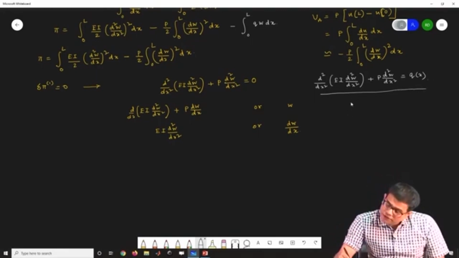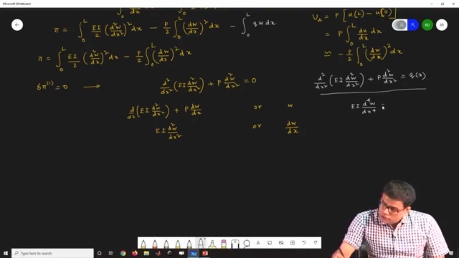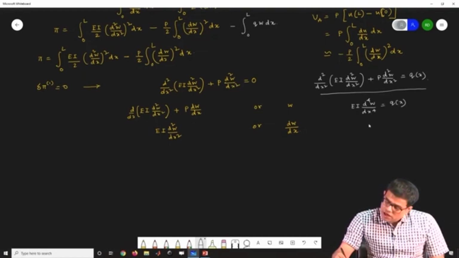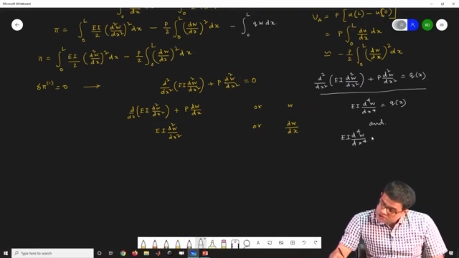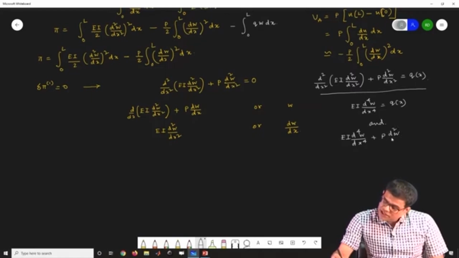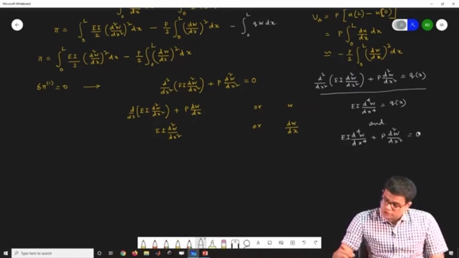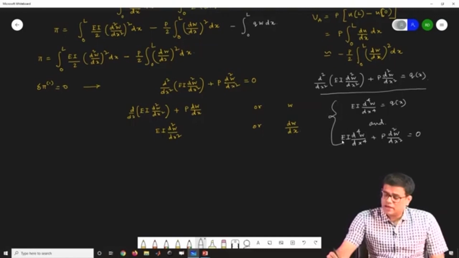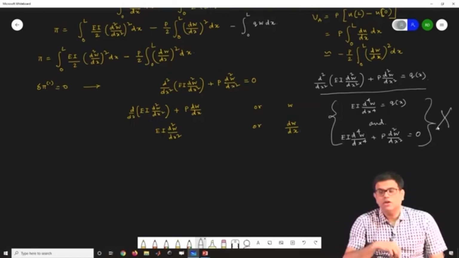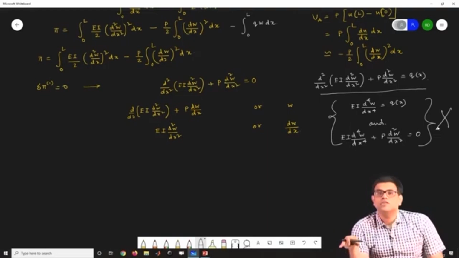That is, if I solve the beam equation, for instance, d to the power 4w by dx to the power 4 equals qx, and EI d to the power 4w by dx to the power 4, here I am taking EI constant, plus P d2w by dx2 equals 0, the superposition is not valid here.